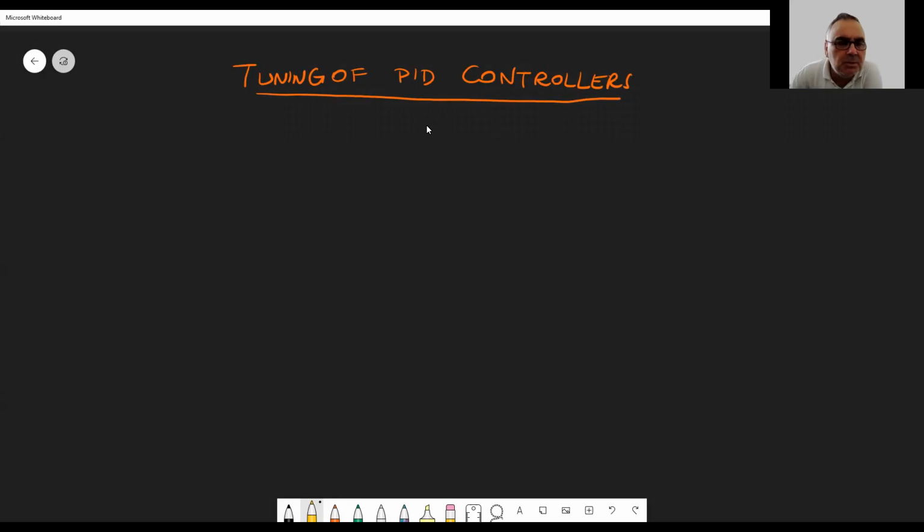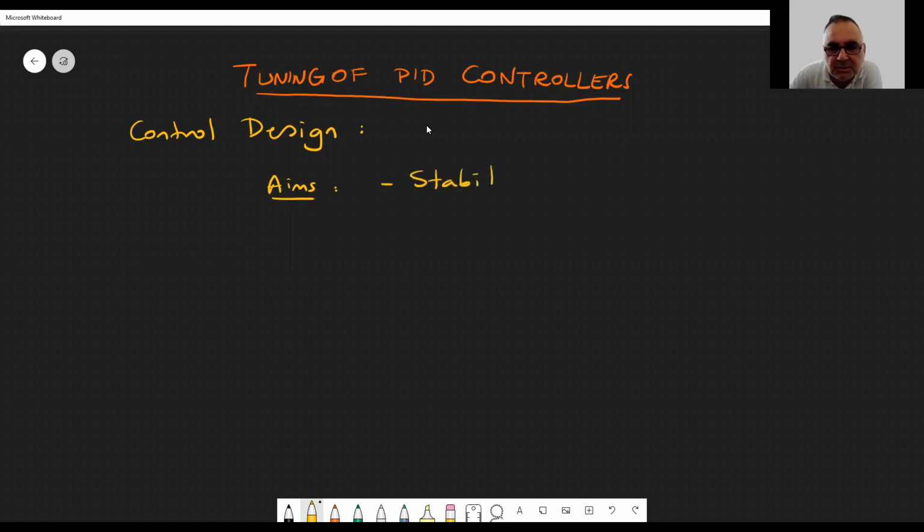Now, when we talk about control design, our aims are, as we know, probably the most important is the stability.